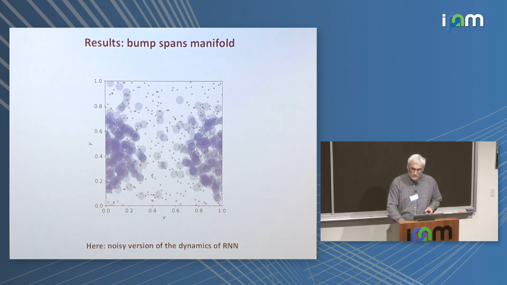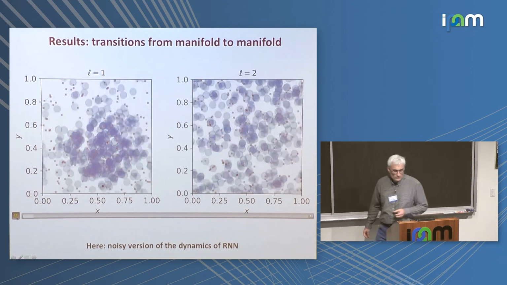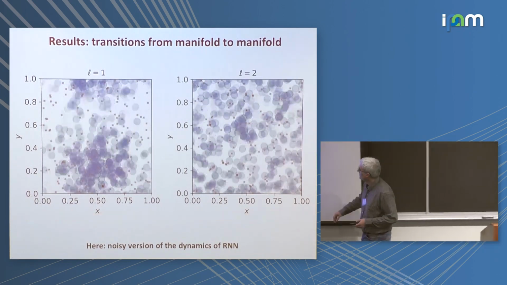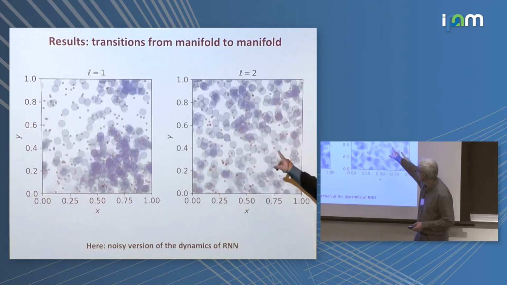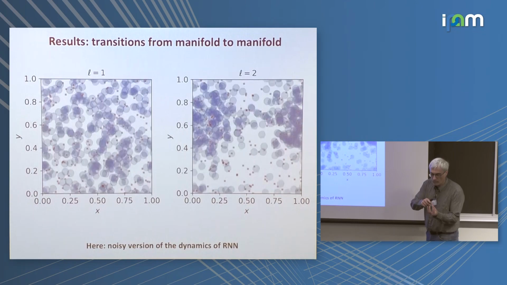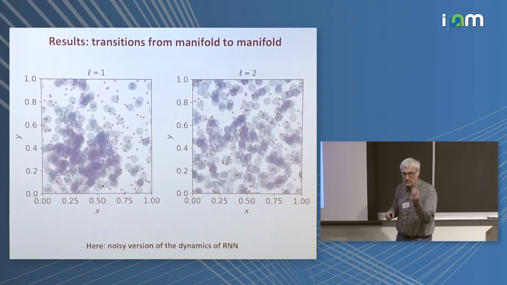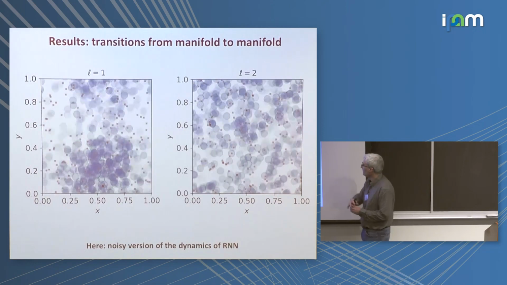So now, what happens if you do the same thing with two environments, or more environments? Maybe it's not so clear, but you see sometimes the bump is here, and sometimes it jumps into that one, which means that when the bump is there, you have a cluster of points which code for similar positions in environment one, and sometimes, through spontaneous changes, it goes into the other environment.